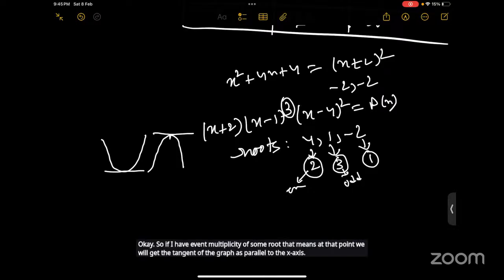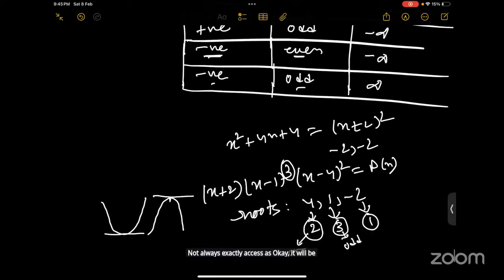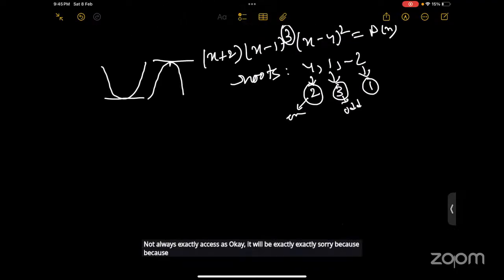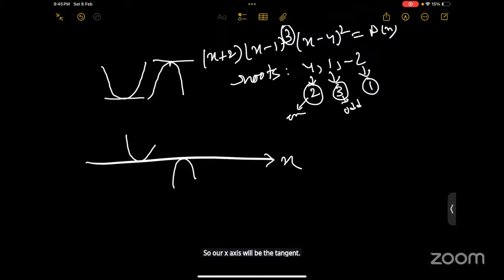Not just parallel, it will be exactly the x-axis, because it is a root. So our x-axis will be the tangent at that point. Is it clear? Yes, ma'am.